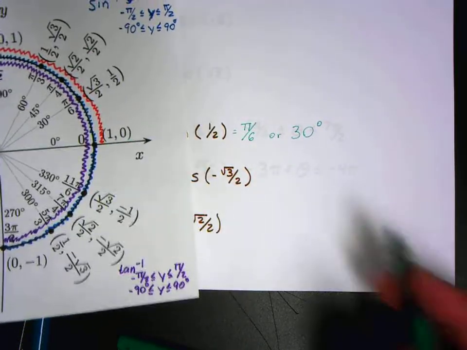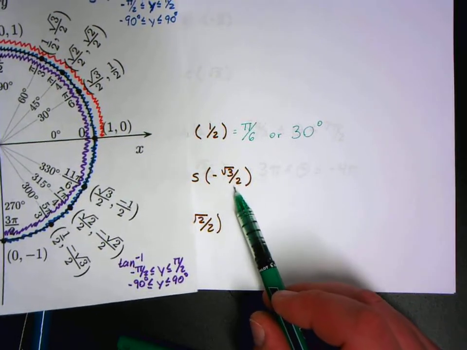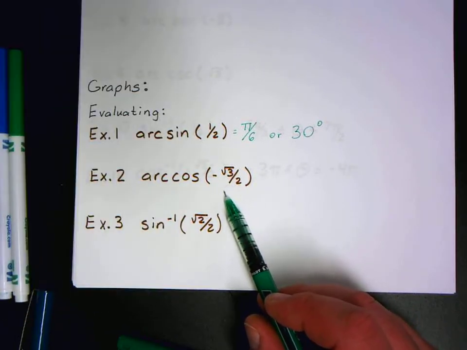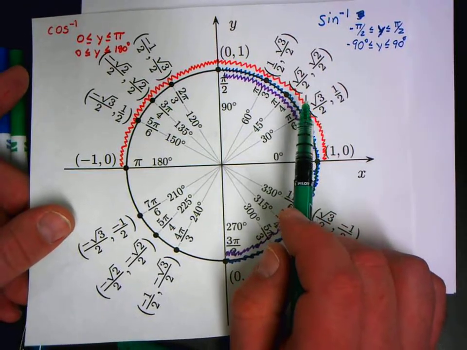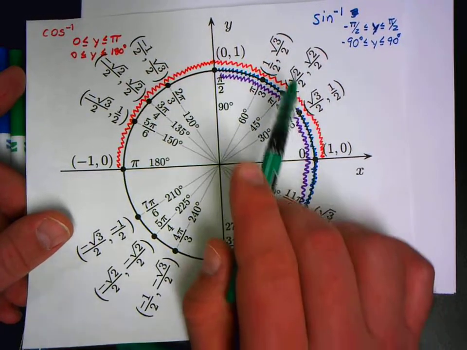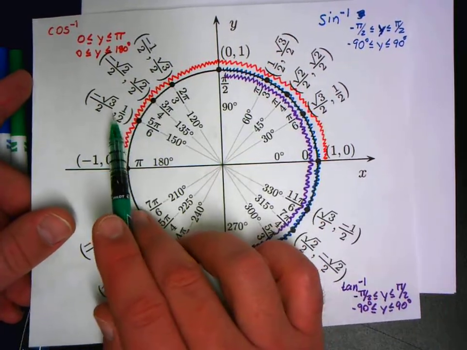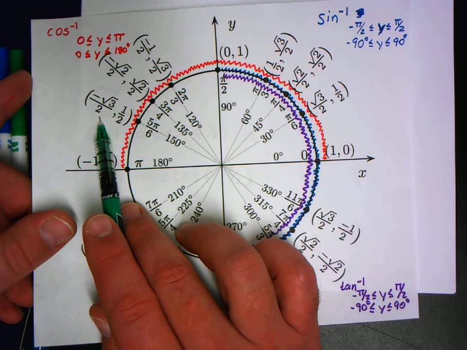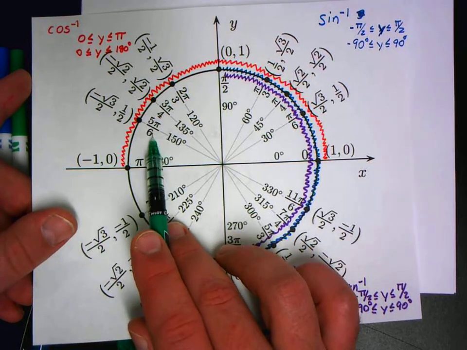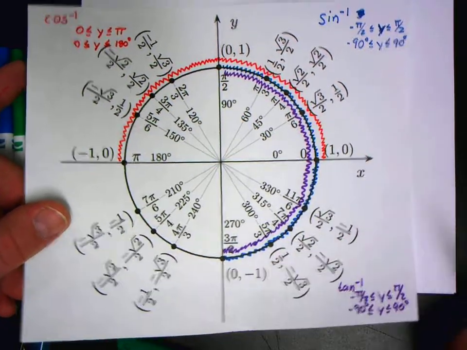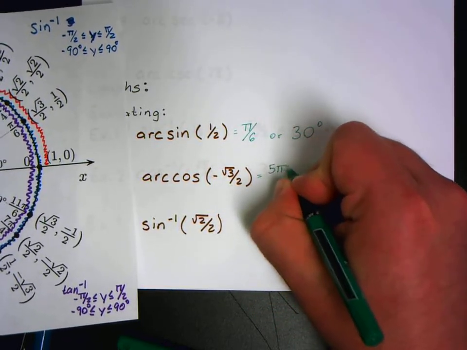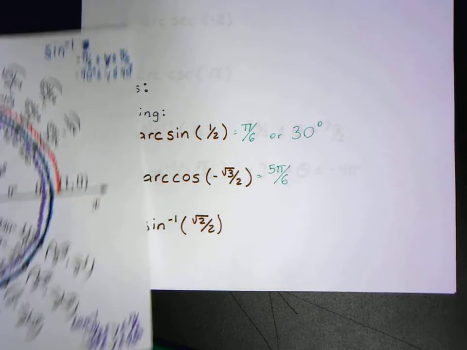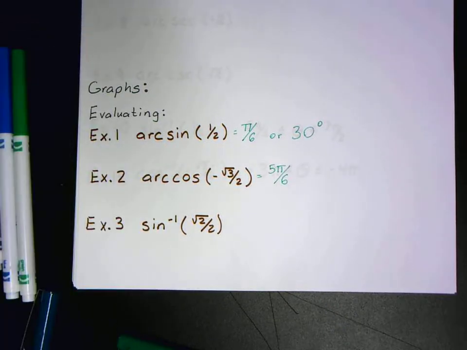On the next one, arc cosine of negative radical 3/2. Cosine's in the red area. Cosine is the x value, so I look for the x value that is negative radical 3/2. So that'd be 5 pi/6 or 150 degrees, whichever one you want to put, unless your book tells you which one to put, or I tell you on the test which one to put.